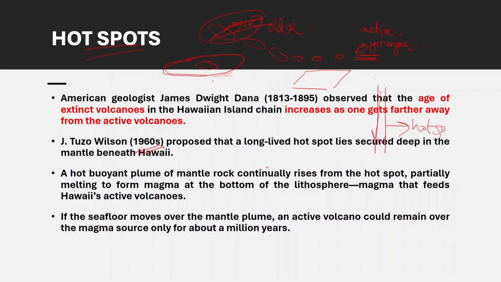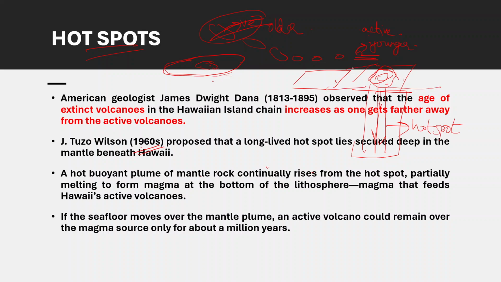What they are suggesting is that this one is stationary. It is not moving; wherever it is present, its position is not changing. The lithospheric plate above it is moving ahead. If the hotspot was present over here and you have the lithospheric plate over here, say a volcano is formed over here, then this lithospheric plate will move ahead.